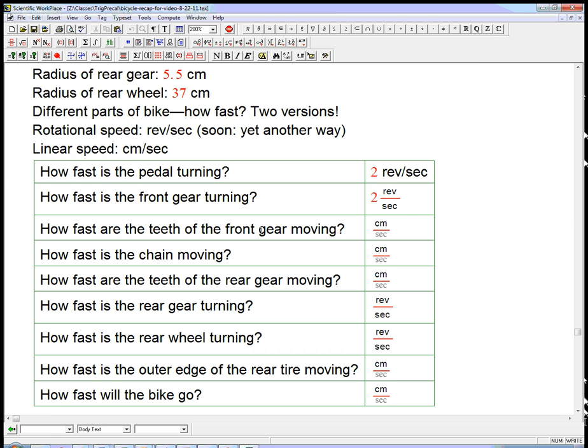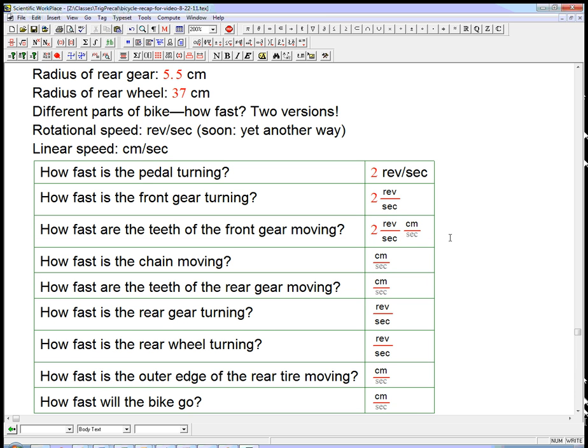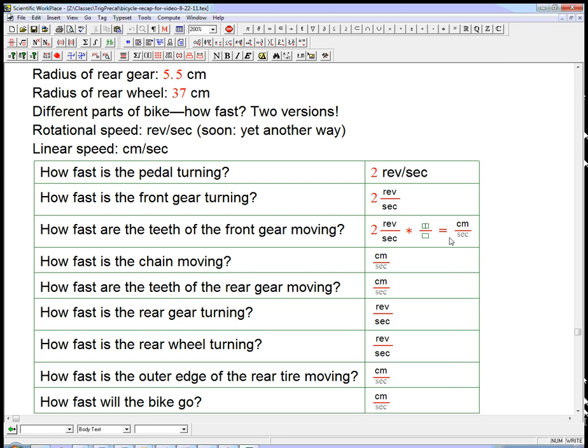Now, how fast are the teeth of the front gear moving? Specifically, that outer edge of the front gear that's pulling the chain, there is where we have to convert to centimeters per second. Okay, so we were thinking about that before. We take the revolutions per second, the rotational speed, and then we multiply it by how many centimeters per revolution. And how many centimeters does it move per revolution? It's just exactly the circumference of the circle.